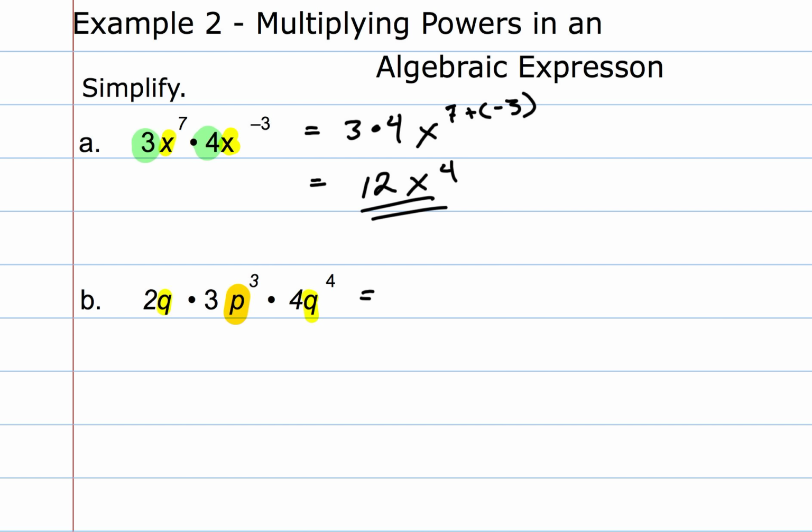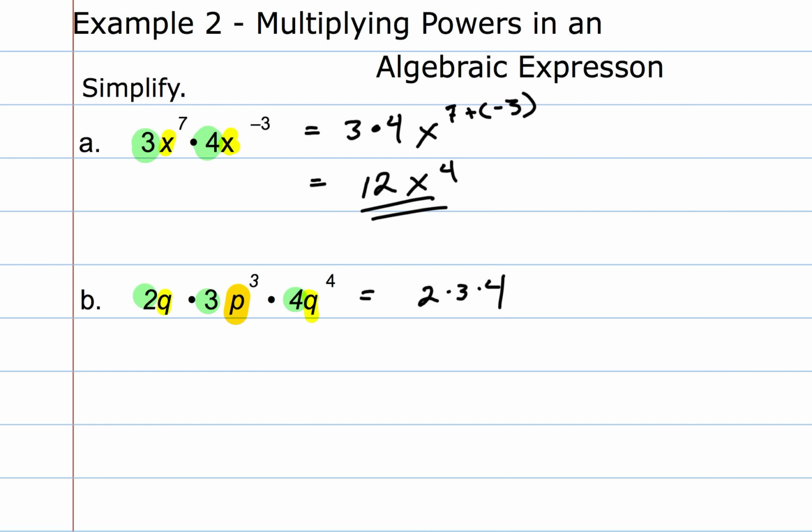I'm next going to focus in on those coefficients. After I identify the fact that I have two different bases, or two different variables, p and q, I can simply multiply those coefficients together, 2 times 3 times 4. You may even do that step in your head. 2 times 3 is 6, and 6 times 4 is 24, or you could write it out like this.